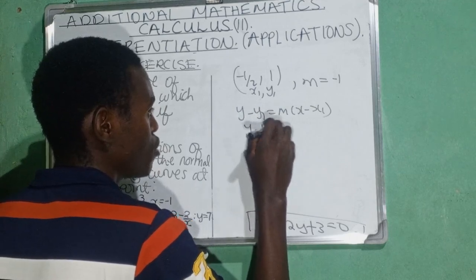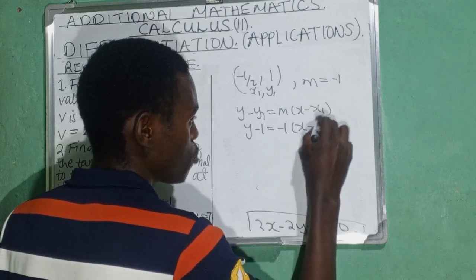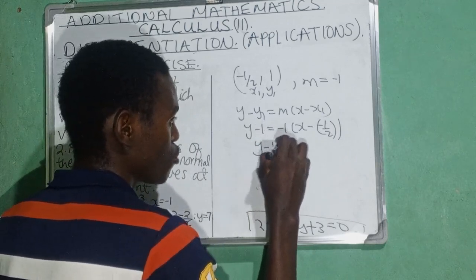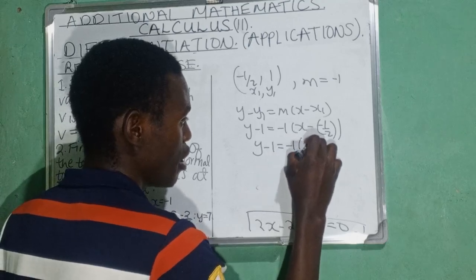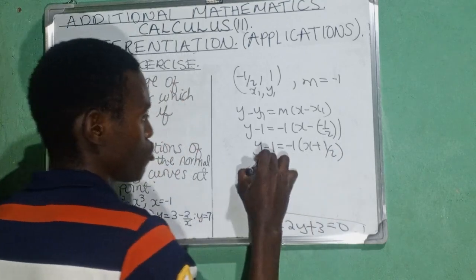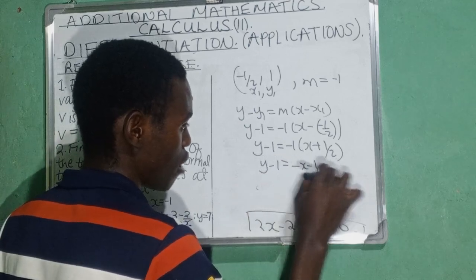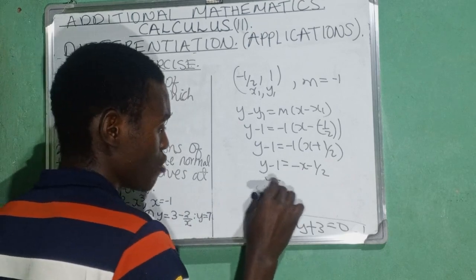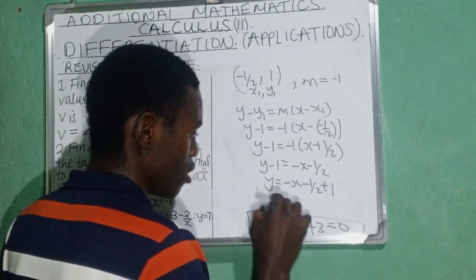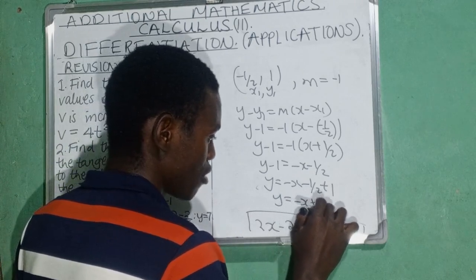This is y minus 1 equals negative 1 multiplied by (x minus negative half). Then y minus 1 is equal to negative x minus a half. And then y is equal to negative x minus half plus 1. So y is equal to negative x plus half.